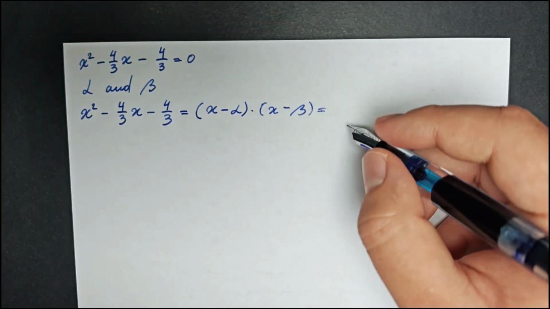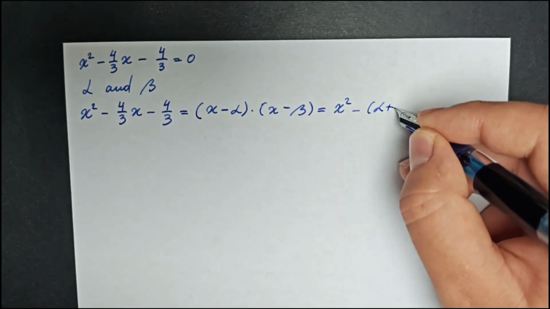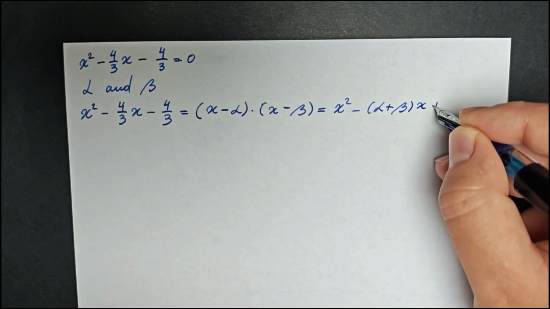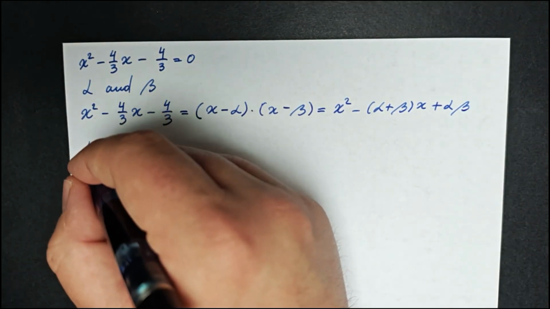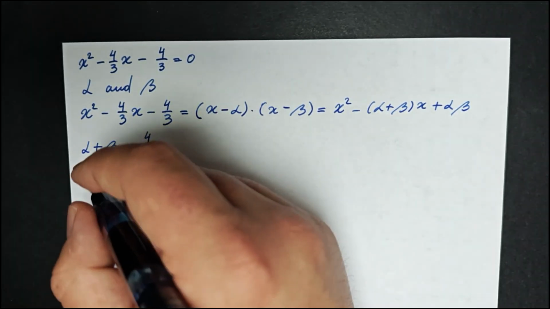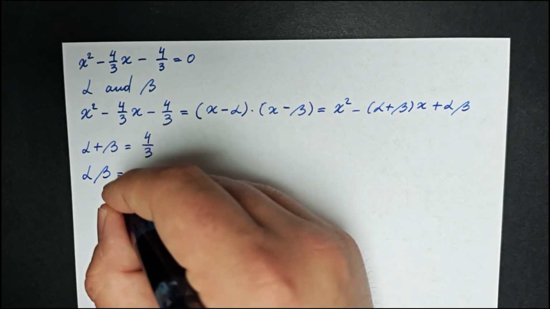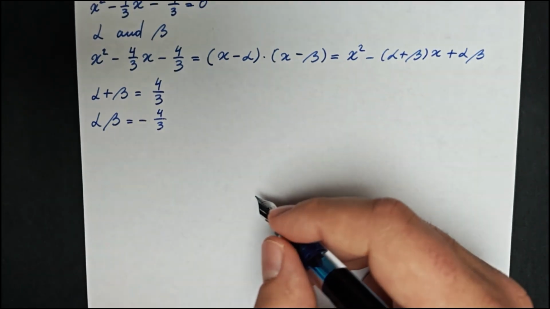This is again going to give us x squared minus alpha plus beta x plus alpha multiplied by beta. Alpha plus beta is then going to be equal to 4 over 3, and alpha multiplied by beta is going to be negative 4 over 3.